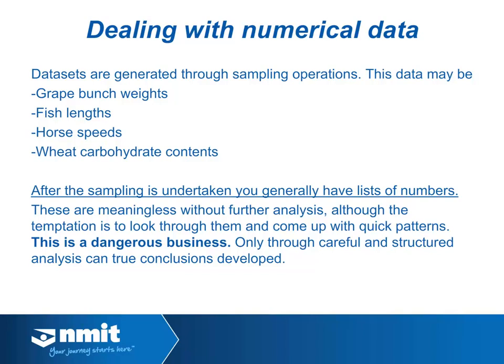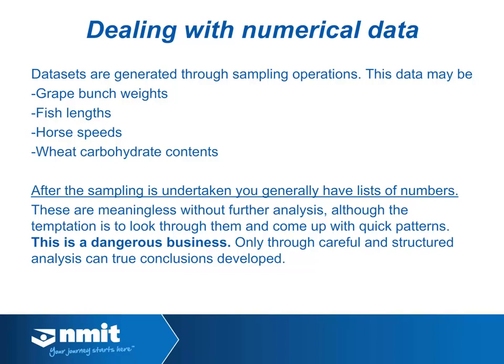So for example, we may net a whole lot of fish. We may divide up that catch into different species and then measure the length of each species that was found.